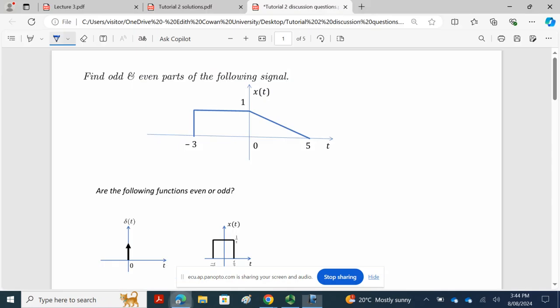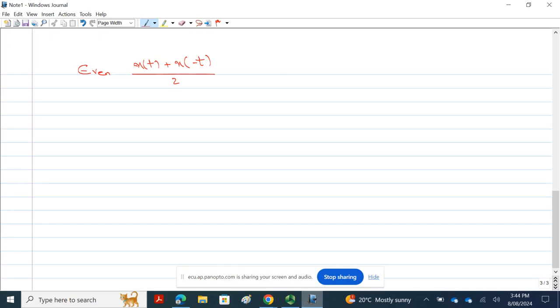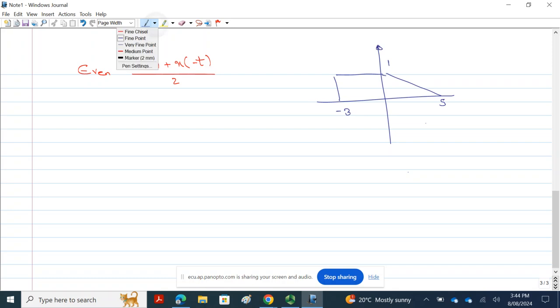Now, let's see. It starts from minus 3, goes to 5. That's my signal, right? And the value is 1. If that is my x(t), I need to find x(-t), right?